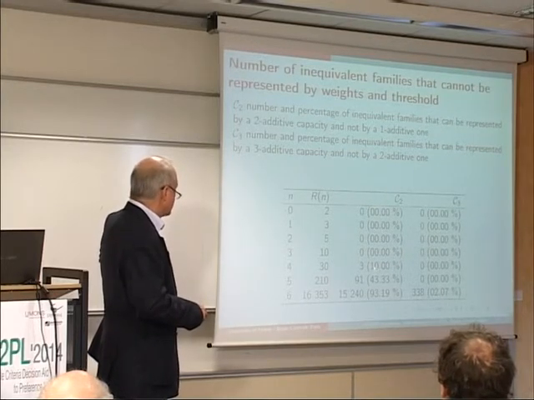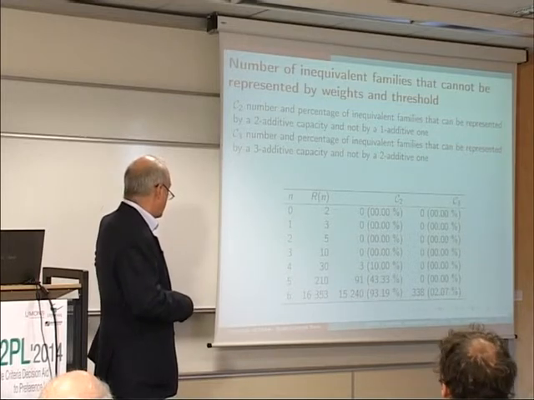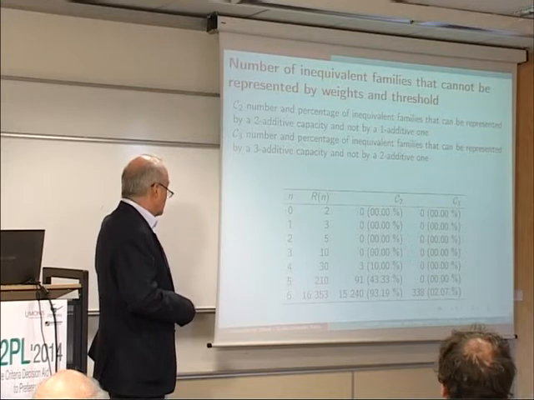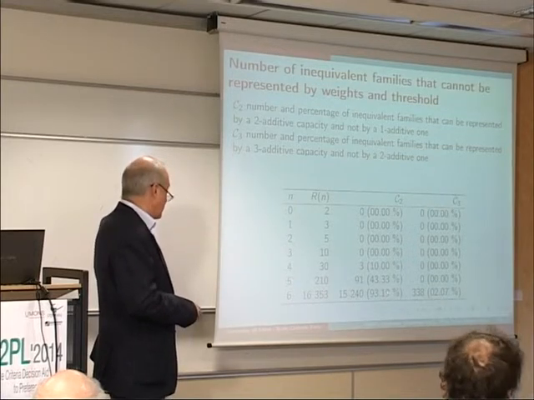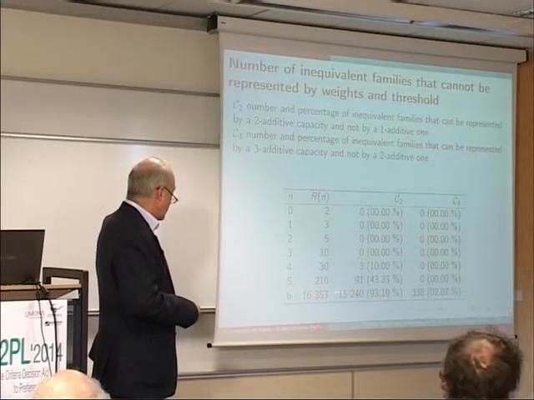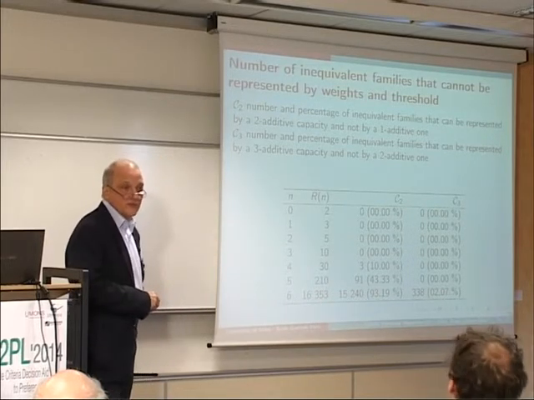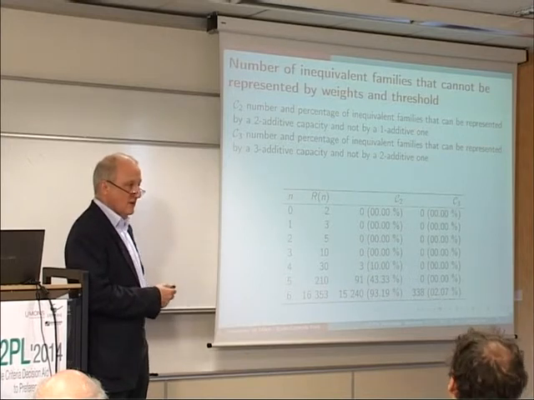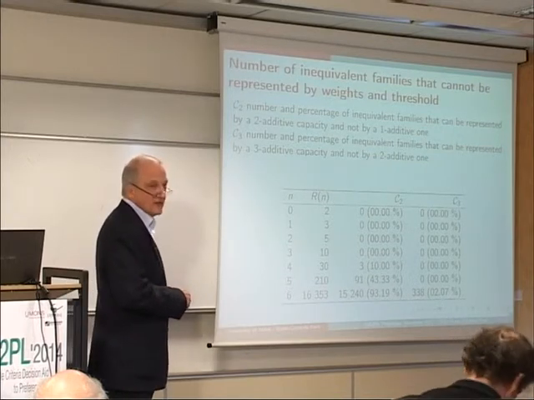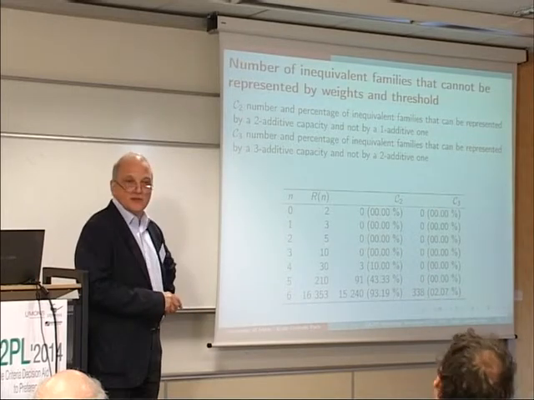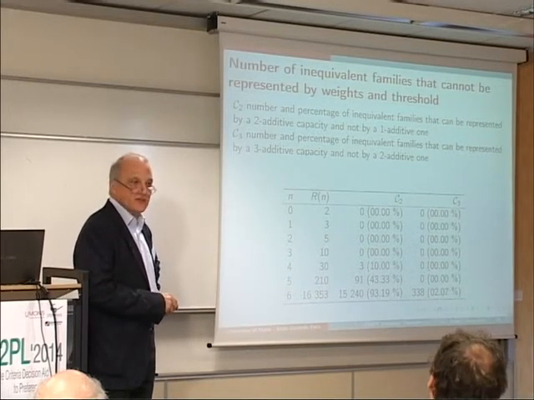So it makes 10% of the total of inequivalent families. We don't need C3 up to n equal to 6. And then for n equal to 6, there is a substantial amount of rules that cannot be represented by weights and threshold. And there are few of them that cannot be represented by 2 additive capacities.